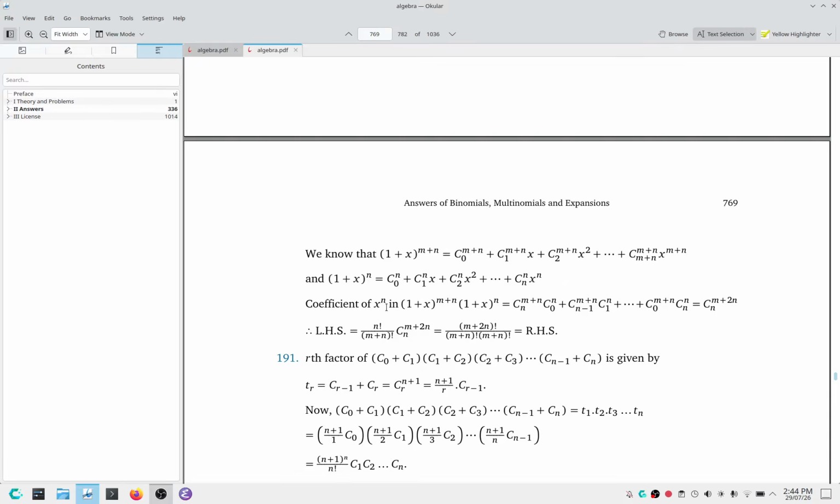So the coefficient of x to the power n in (1 plus x) to the power m plus n times (1 plus x) to the power n is equal to (m plus n)Cn and C0 plus (m plus n)C(n minus 1) and C1 and so on, which is equal to (m plus 2n)Cn. Now the left hand side is equal to n factorial upon (m plus n) factorial times (m plus 2n)Cn, which is equal to (m plus 2n) factorial upon (m plus n) factorial times (m plus n) factorial, which is equal to the right hand side. So with this, we come to the end of question 190.